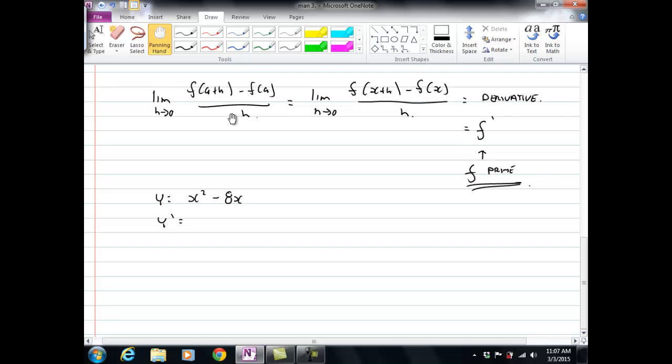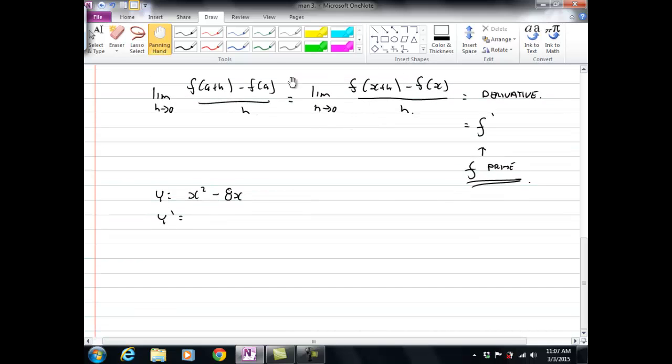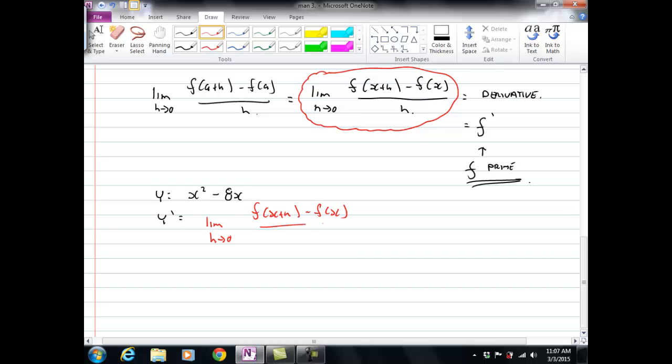Some people like to use a plus h. For now, I'm going to use this new formula. Only difference is, because I'm working with x, I'm going to leave it as x instead of a. So what I'm going to do is I go limit as h approaches 0 of f of x plus h minus f of x over h. Plug it in and figure it out, guys.